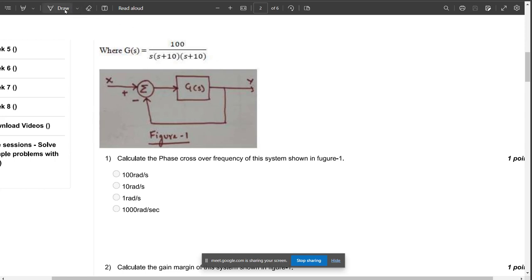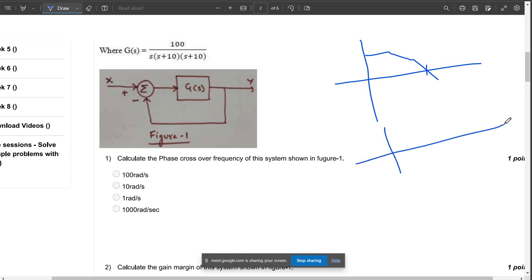Phase crossover frequency basically means the frequency at which the phase of the system passes minus 180 degrees. If this is omega phase crossover frequency, this is the phase curve, and this is the Bode plot of the system, then the phase here will be minus 180.